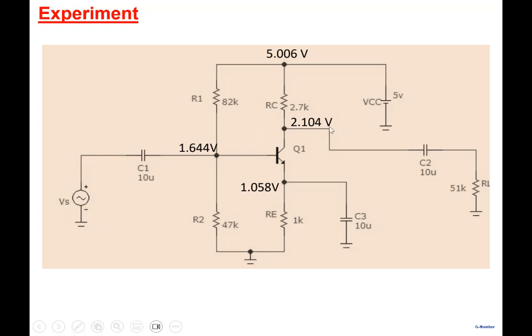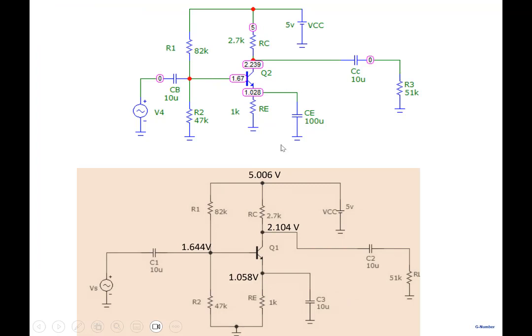This was measured, 2.104, 1.058. This was not exactly 5; it's about 6 millivolt higher, 5.006. You're seeing that we are measuring up to the third decimal place. That was the capability of the instrument we were using. We measured all these voltages, so let's apply method 1. First of all, note that there is a difference between simulation and experiment.